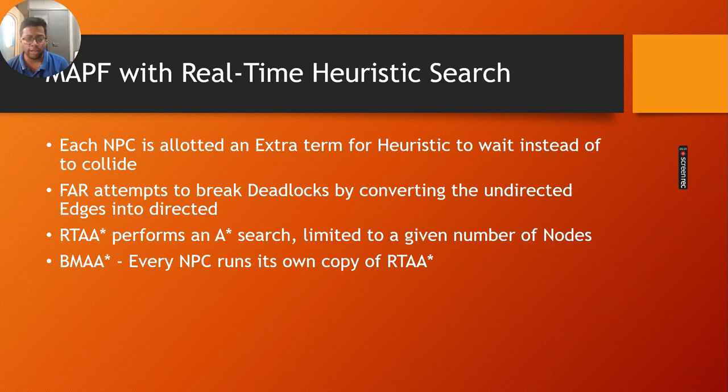Real-time adaptive A star performs an A star limited to a given number of nodes, and bounded multi-agent A star is just like the RTA A star, but it has a large number of NPCs. In other words, a large number of AI agents, and each AI agent has its own copy of RTA A star.